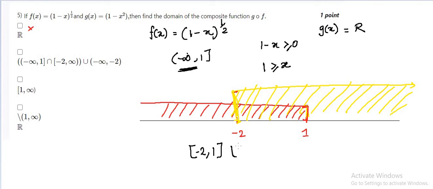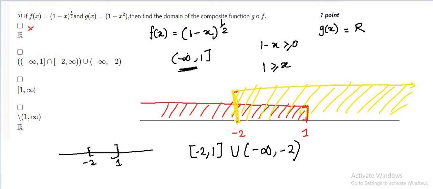Now taking the union with minus infinity comma minus 2, let's plot this again. Suppose this is my number line. Here it is minus 2, 1, which is a closed interval.